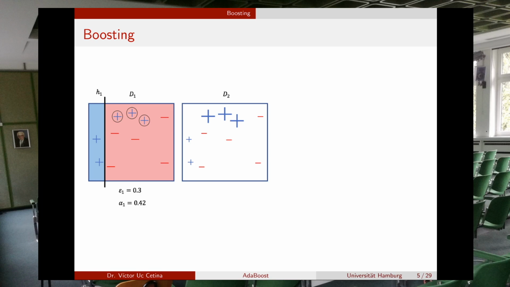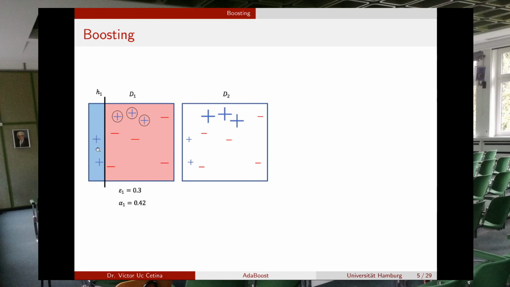So suppose that our first rule is to say, let's define a vertical line here, which I'm calling H1. This is going to be our first classifier, our first weak learner. We say our rule is going to be, okay, everything that is to the left of this vertical line is going to be positive.